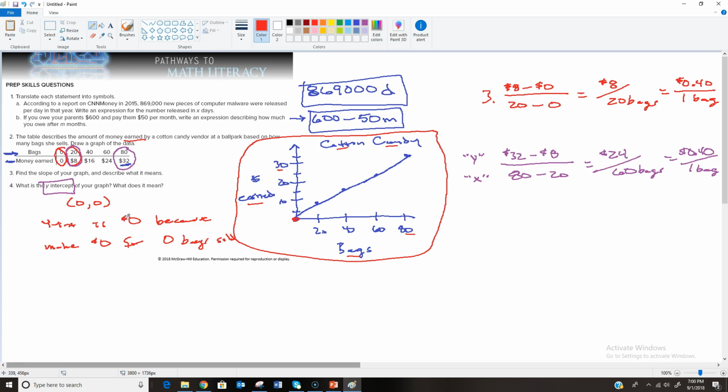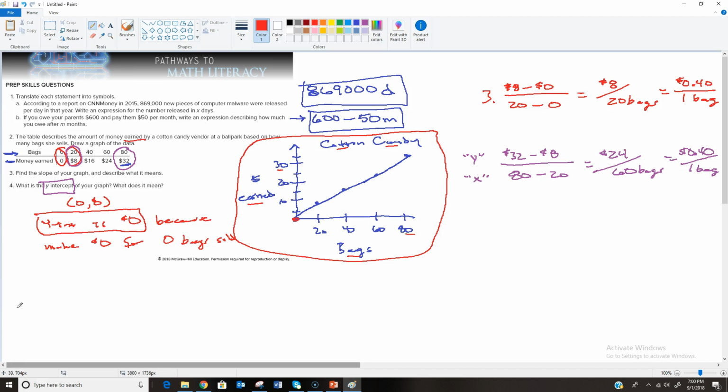You can write it as a point or a single value. But the value is the y value, so in this case that's the dollars. So if I'm going to write it as a single value, I should say it's $0.